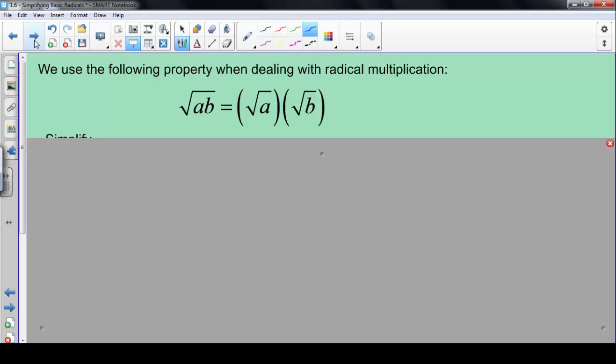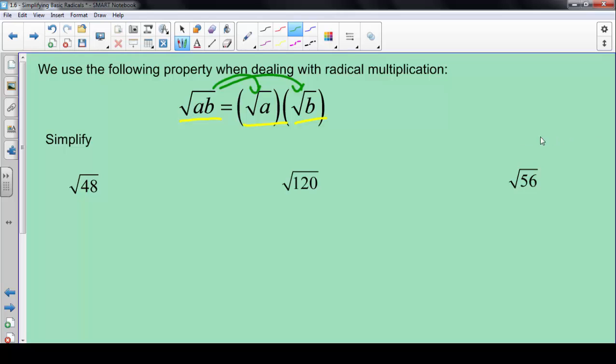When we have two roots getting multiplied, we can just multiply them together and put them under one root. Or we can use this property going the other way. We can break it up into different factors that multiply to that number. So for example, with root 48, it's going to be easier to simplify these down if we make our factor tree first.